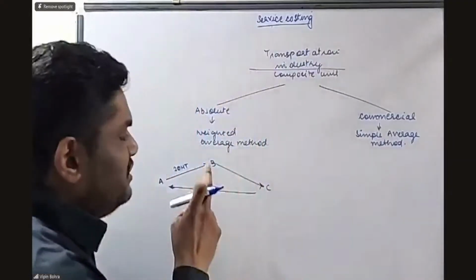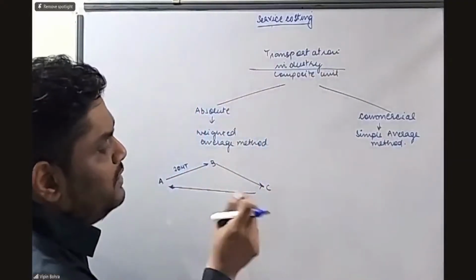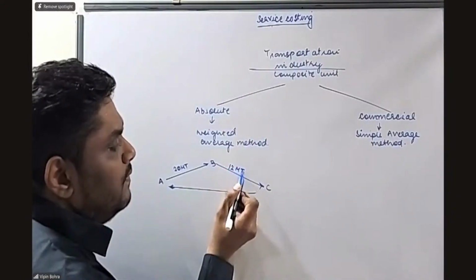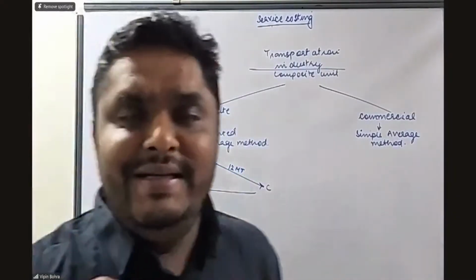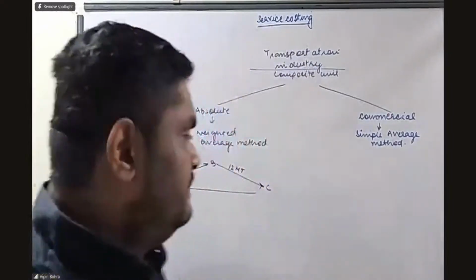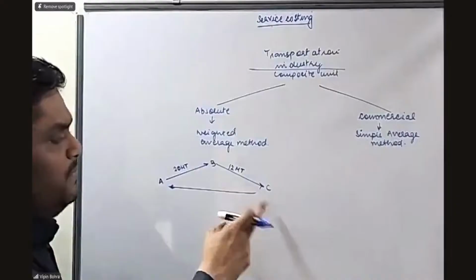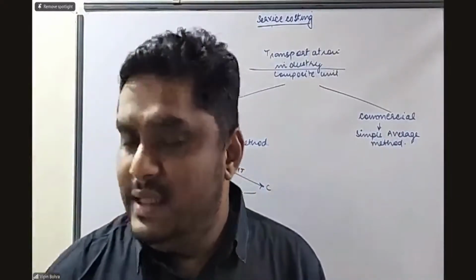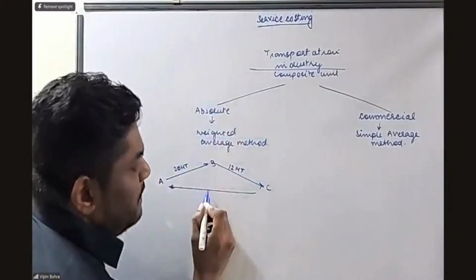So the tons traveled from B to C is how much? Only 12 metric tons. Now from C to A, they are traveling with a total of 16 metric tons.